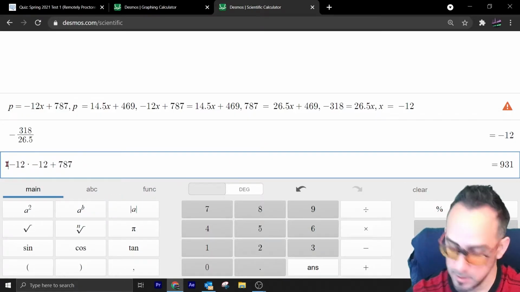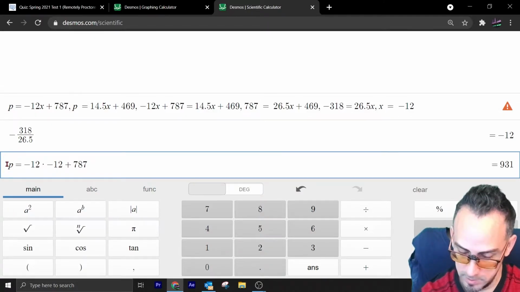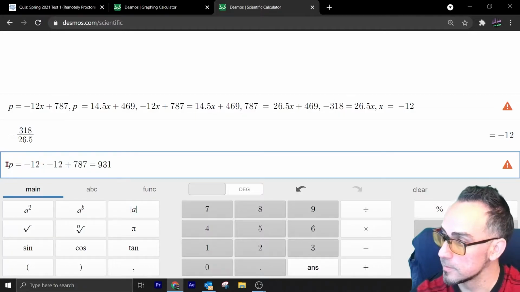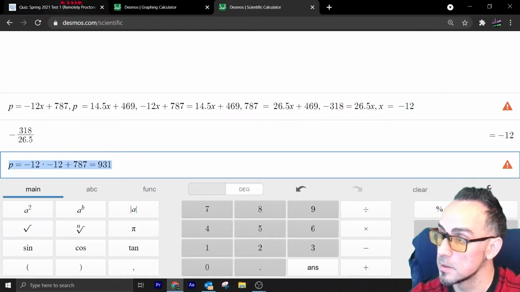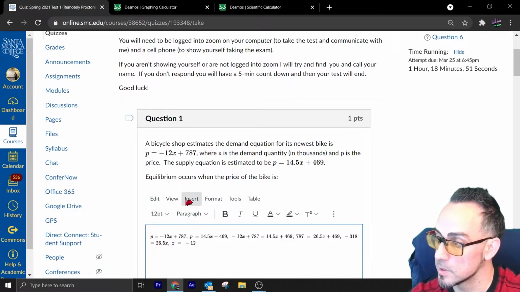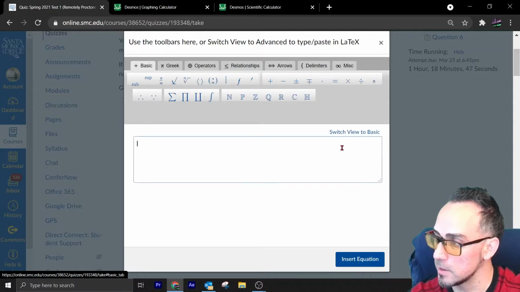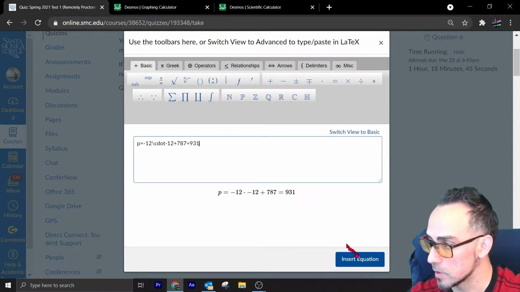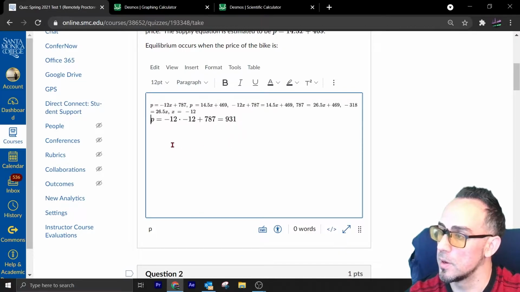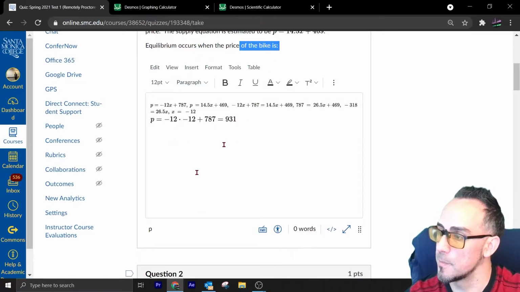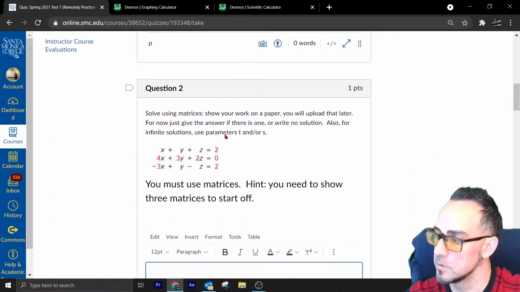So I could say P equals 931. Then copy that, go over here, press insert equation. We could try in the basic. It worked in basic this time, so that works too. So equilibrium occurs when the price of the bike is 931. That's it.